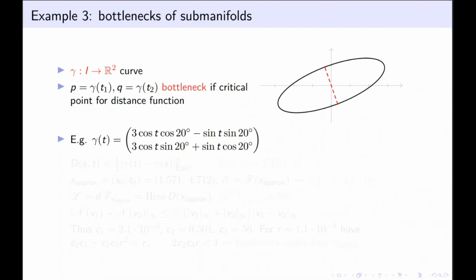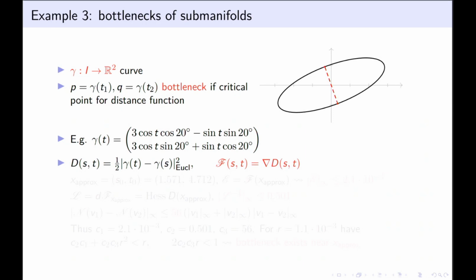Gamma of t, some stuff like rotated by 20 degrees. And this is what I call the distance function. So d of s comma t is the Euclidean norm of gamma of t minus gamma of s, squared, which makes it a bit easier to talk about derivatives and so on. And so that's what we want to find critical points of.